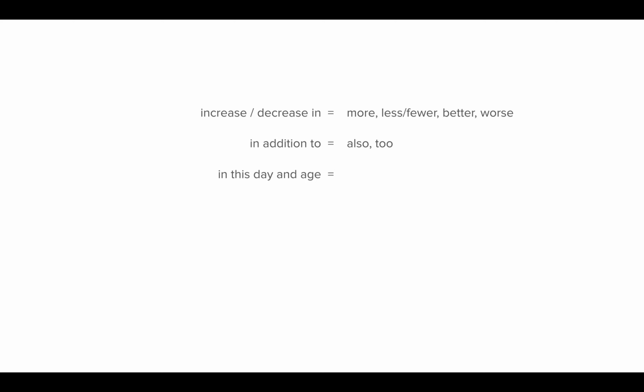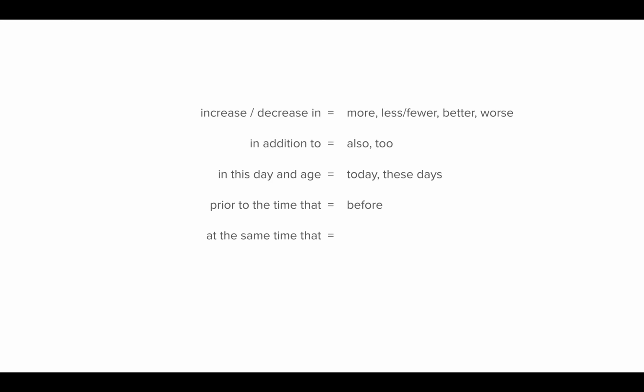In this day and age, gosh, if you're still using this in your writing, please stop, for the love. In this day and age, today, or if you must, these days. Prior to the time of, or prior to the time that, this just becomes before.